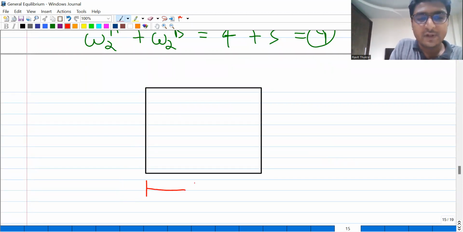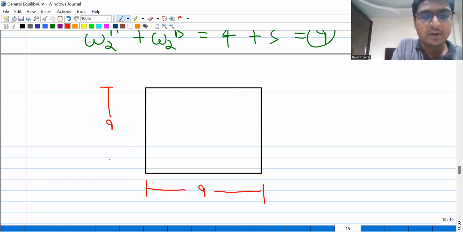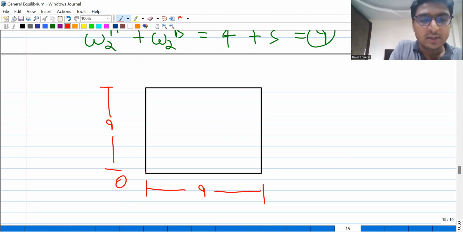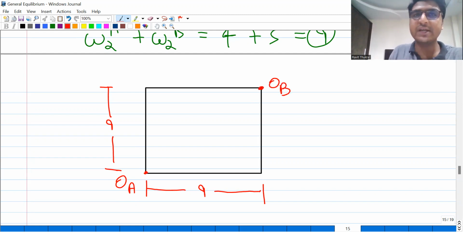So we have 9 units of good 1, 9 units of good 2 in this economy. This is the origin of individual A. This is the origin of individual B. All right.